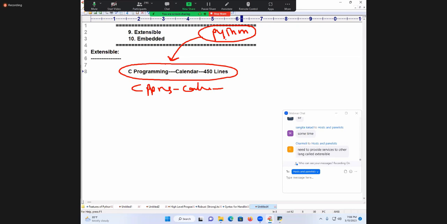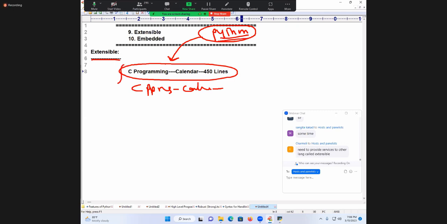So who needs to provide the services? First of all, Python services are extensible to other language people. So the other language people can call the coding segments of the Python language, provided you know how C syntaxes are allowed to call other language syntaxes. There is really a facility in C programming to call other language features also into C++.